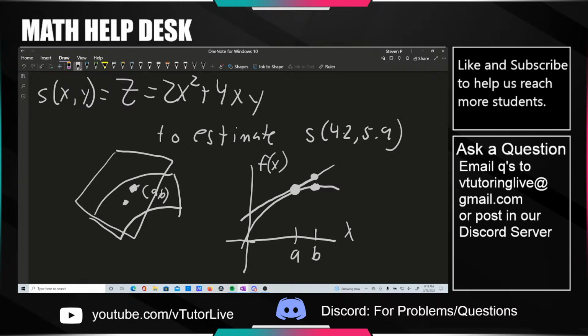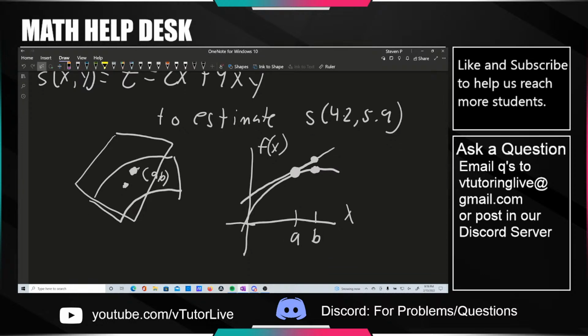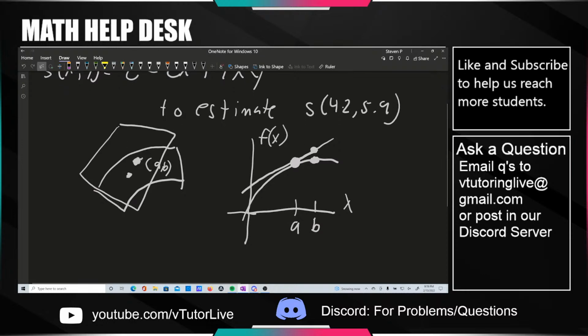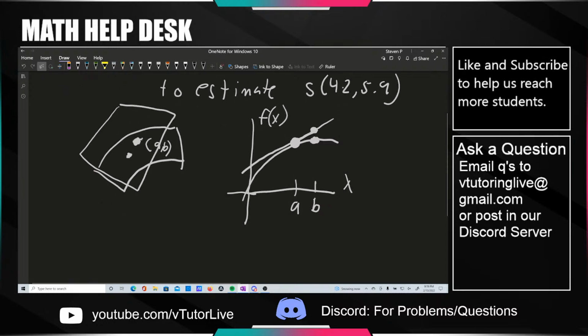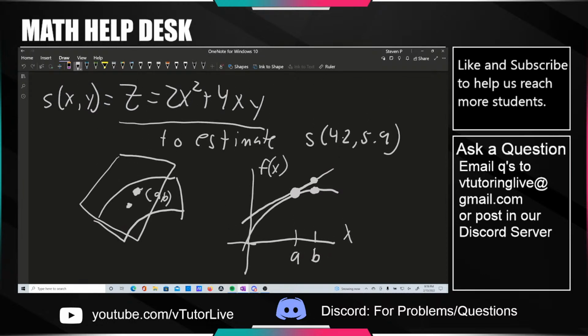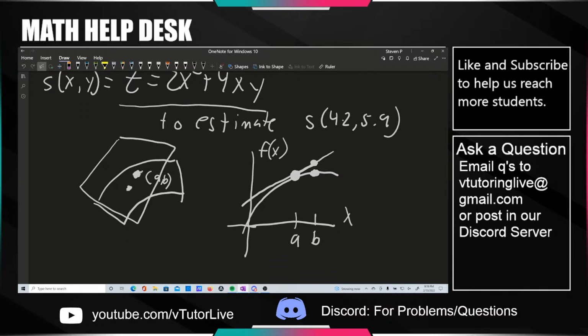We're just doing this in 2 dimensions now, or rather 3 dimensions. But the idea behind this problem is actually very formulaic once you do it once. If this is our equation, z is equal to 2x squared plus 4xy, well, okay.